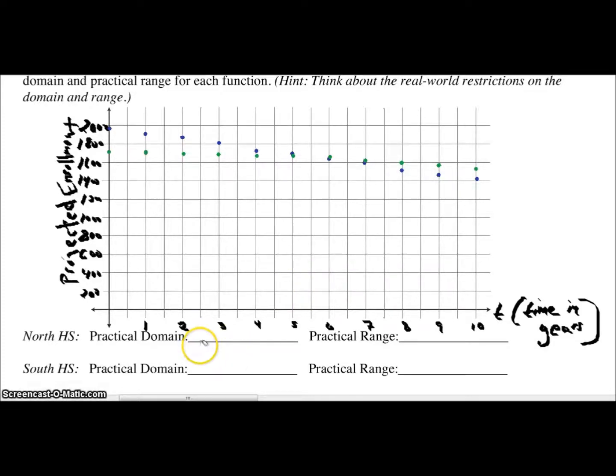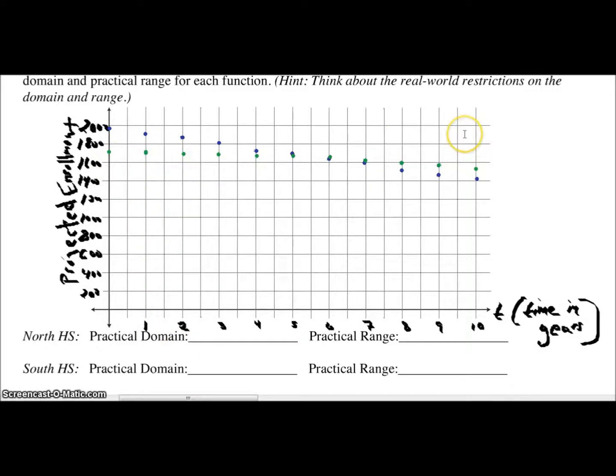Okay, what's our practical domain? The set of possible input values. You might want to say something like all real numbers, but we're only looking at the enrollments each year. Notice that we have these dots here.